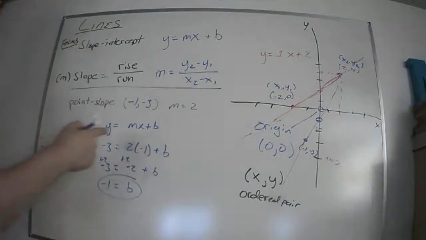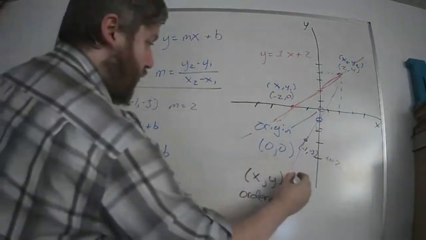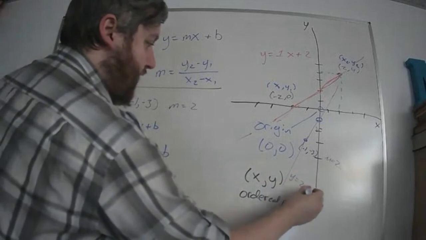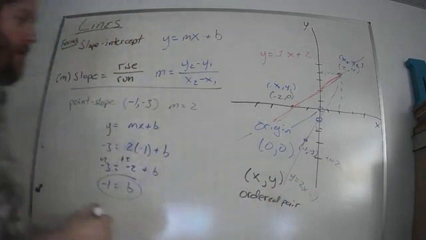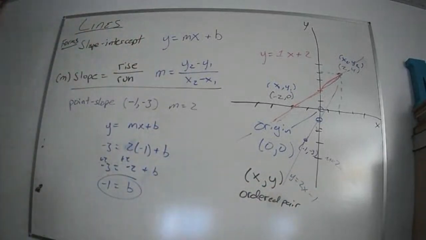Now I have this purple line, the line y equals 2x minus 1. So I have these two lines, y equals 1x plus 2 and y equals 2x minus 1, each found in different ways.